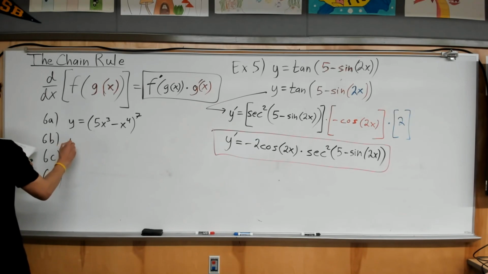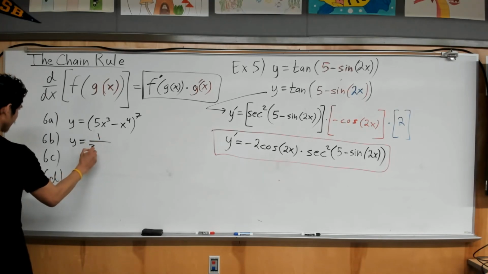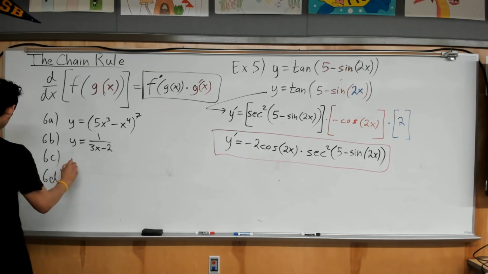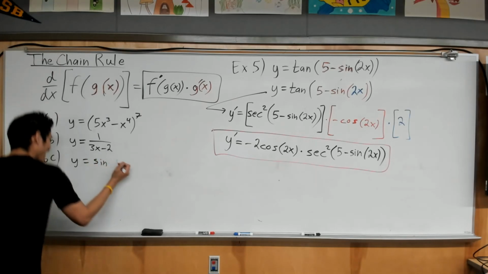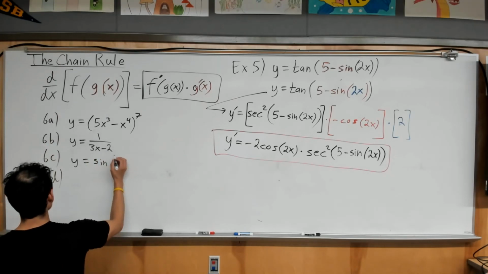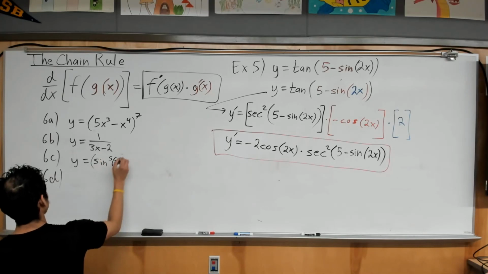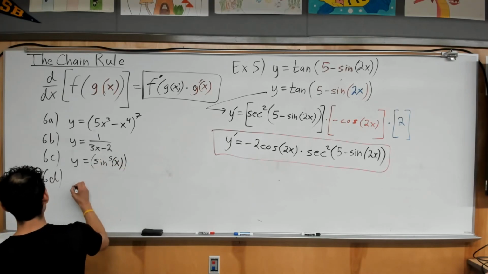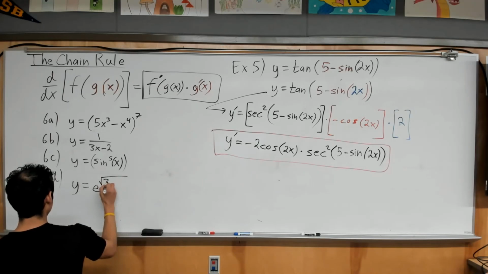So b will be y equals 1 over 3x minus 2. C will be y equals the sine of x, all to the 5th power. And then D, we have y equals e to the square root of 3x plus 1.